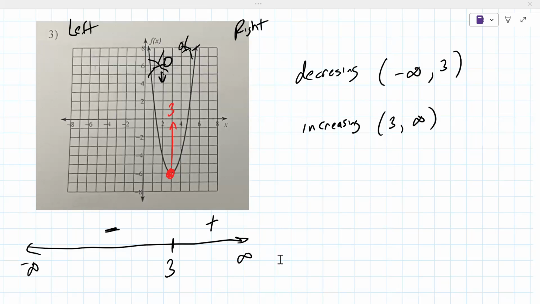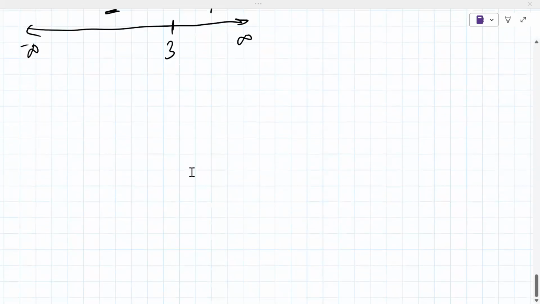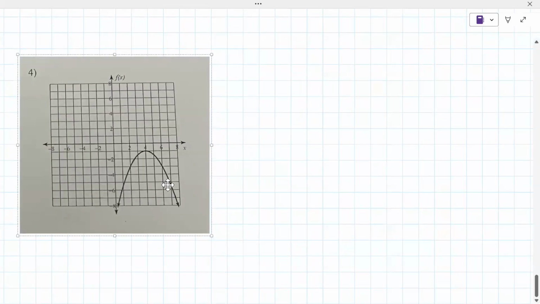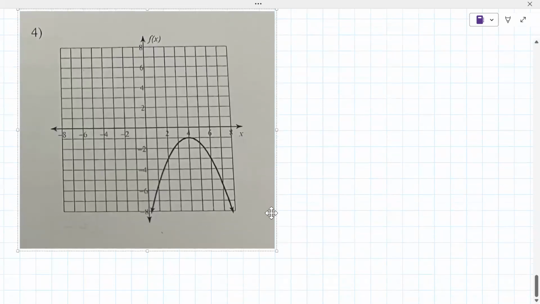Increasing, is it -1, infinity? So why did you choose -1? Wait, no, it's 4. It's always the X values.